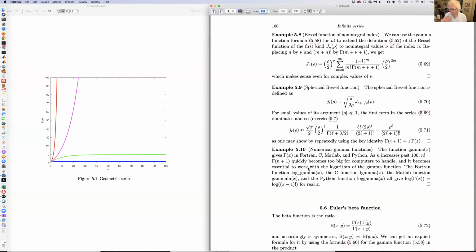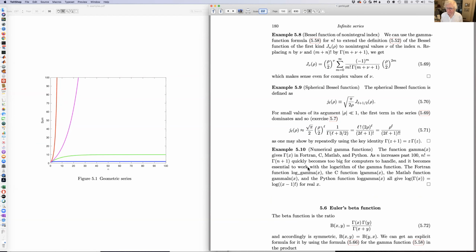By the way, even though modern computers are remarkably efficient at calculating, they give up when it comes to n factorial beyond about 100. It just becomes absurdly big. And so what you do in that case is you deal with the logarithm of the gamma function.